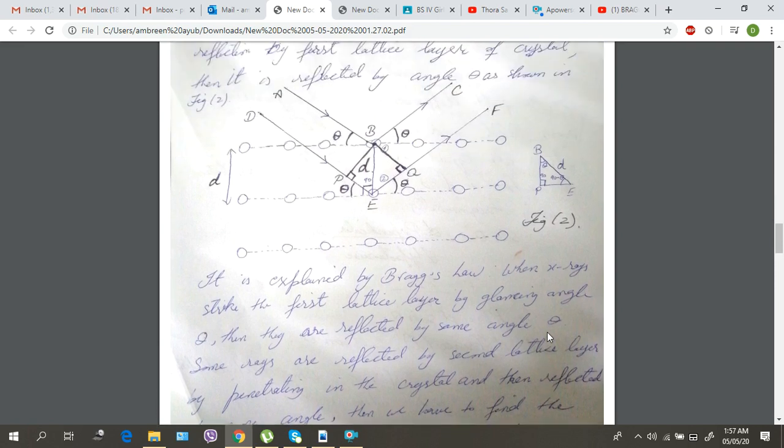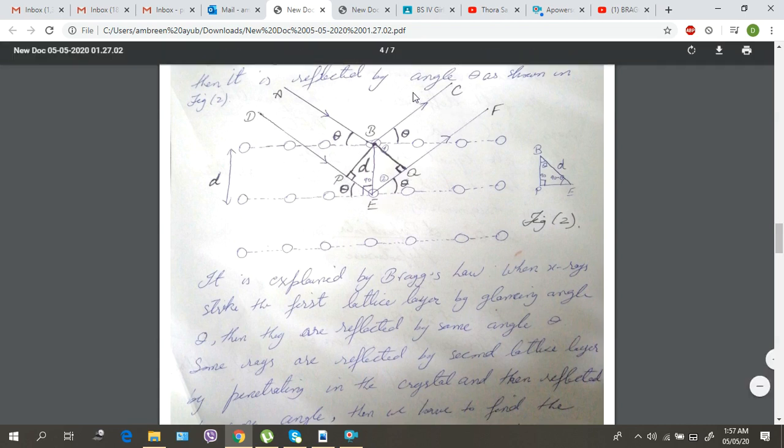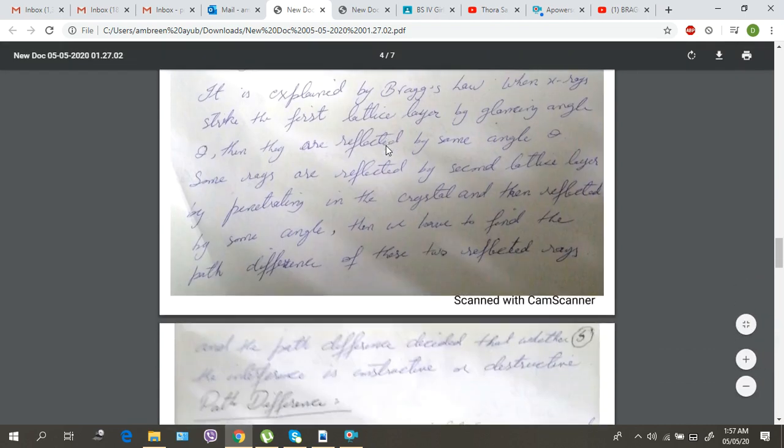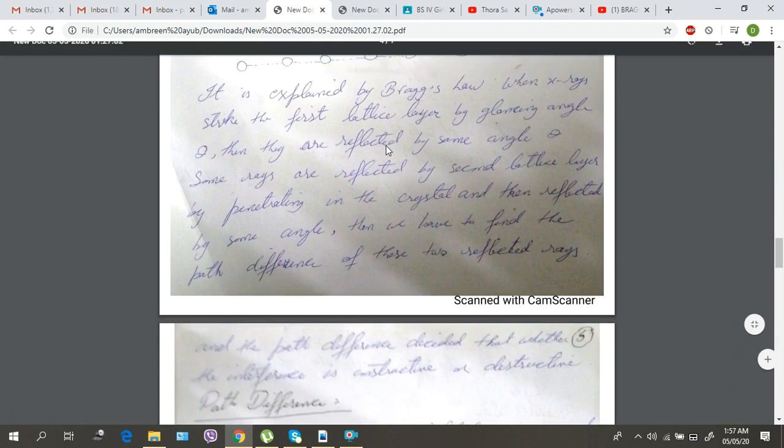Basically, we have to find out the path difference between these two reflected rays. How can we find out the path difference? The path difference decides whether the interference is constructive or destructive.